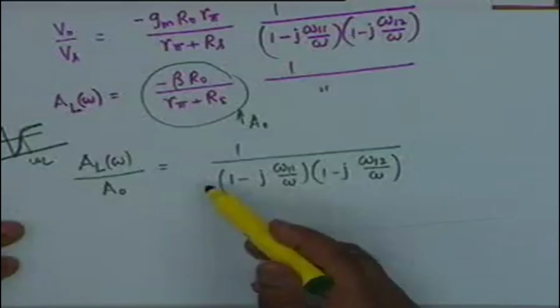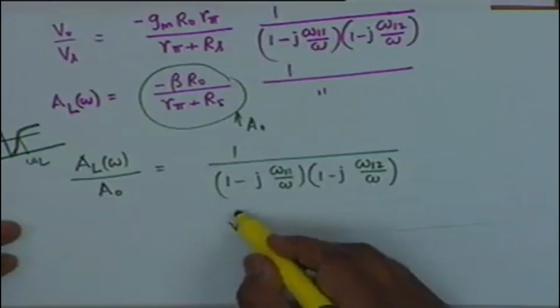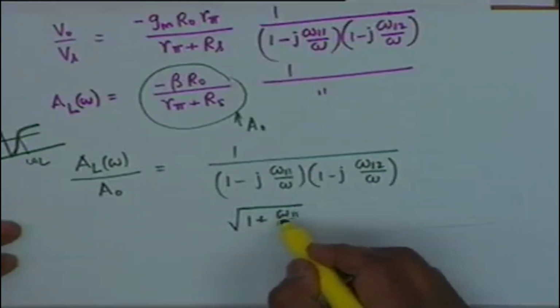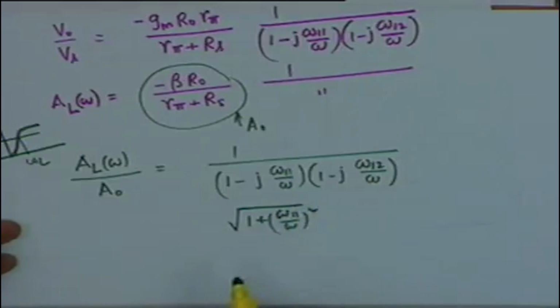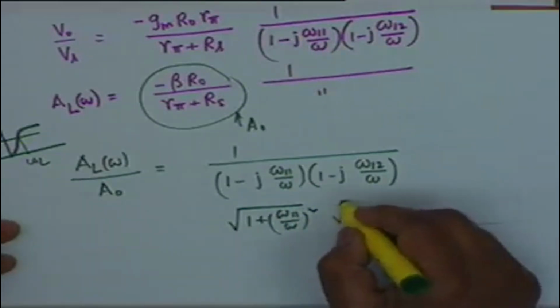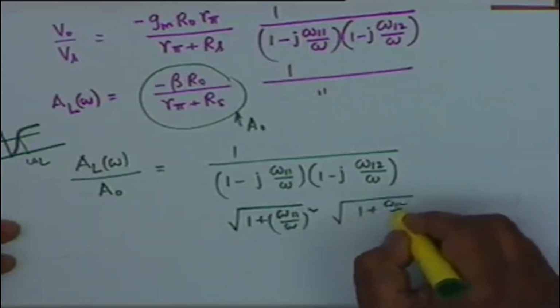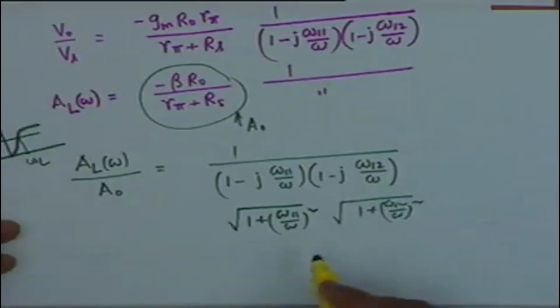And much greater than in electrical engineering means 1:10. Now in this case, when I take the magnitude, what is the magnitude of this term? Square root of 1 plus omega 1 by omega square. Now the other term is 1 plus omega 1 2 by omega square. If one of these terms is approximately 10 times the other term, then obviously one can ignore the other term.